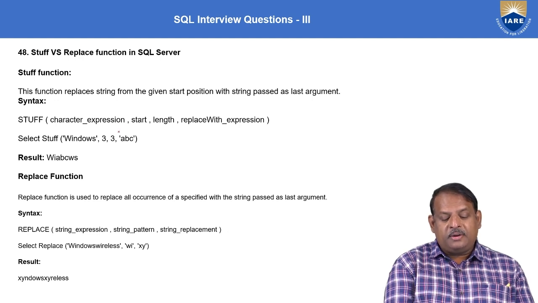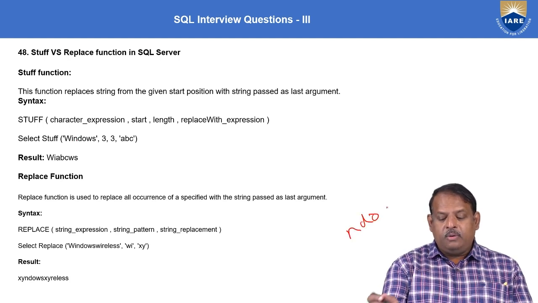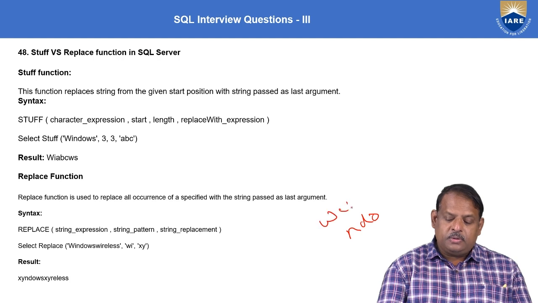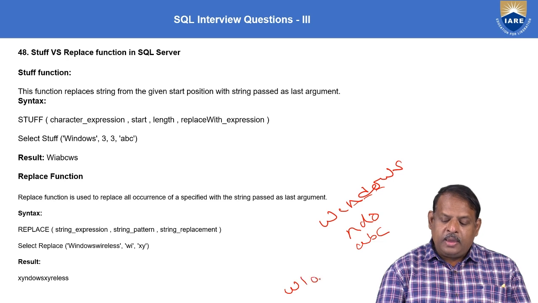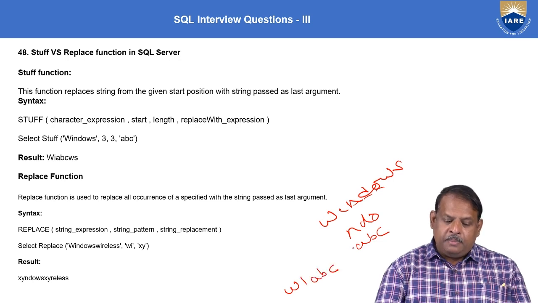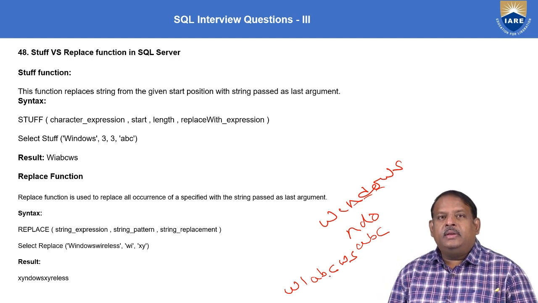That means it will start with the third letter, N. So NDO will be replaced with ABC, and your string will be WIABC followed by WS. This is the STUFF function.